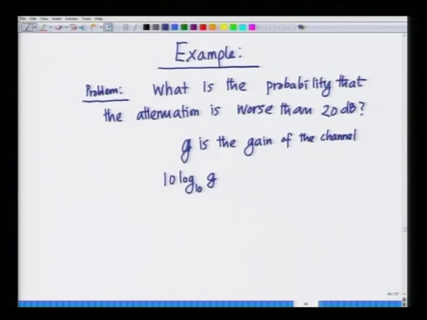I want to find out the probability that 10 log 10 G is less than or equal to minus 20, which means I want to find the probability that log of G to the base 10 is less than or equal to minus 2, which means the probability that G is less than or equal to 10 power minus 2, which is equal to 0.01. All right, I want to find out the probability that G is less than or equal to 0.01, so that the attenuation is worse than 20 dB.